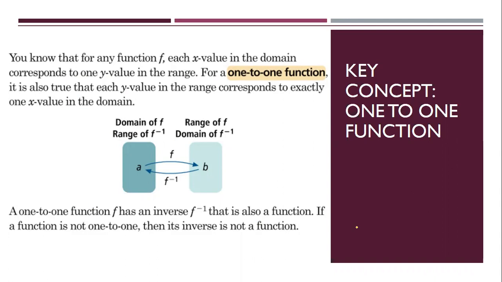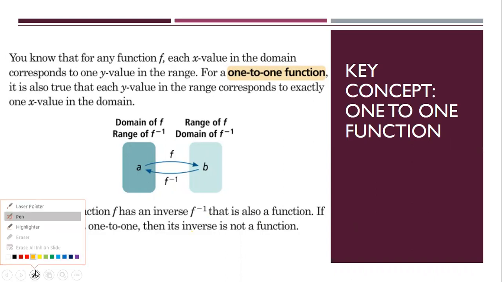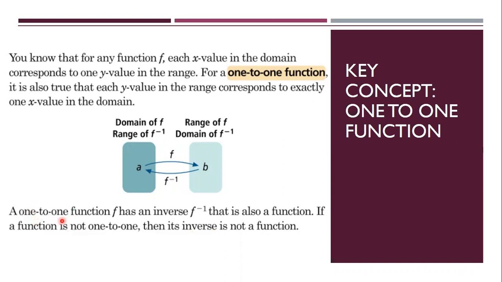So if they do not repeat, then that means there is an inverse function for that function. A one-to-one function for f has an inverse automatically. So if you can prove that it's one-to-one, then the inverse is a function. If the function is not one-to-one, then the inverse is not a function.